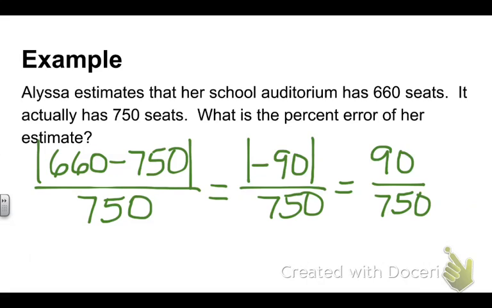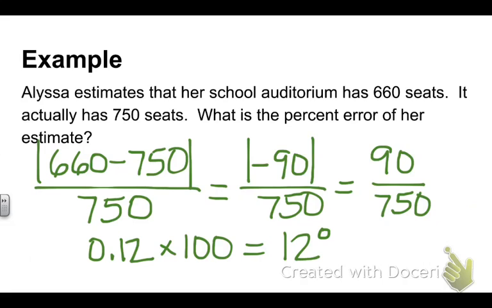So what we are actually doing is we're taking 90 divided by 750, which is going to give you 0.12. And then we need to convert that to the percent. That's going to tell us the percent. Again, always multiply by 100. And so you get 12%. Her percent of error was 12%.